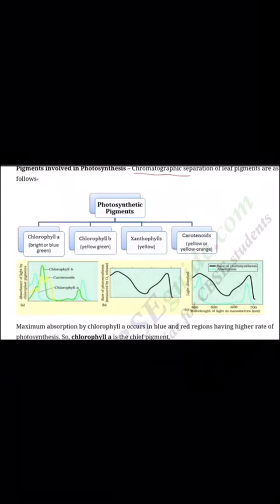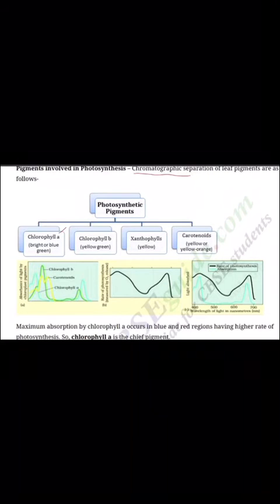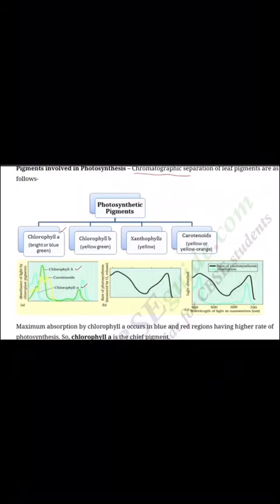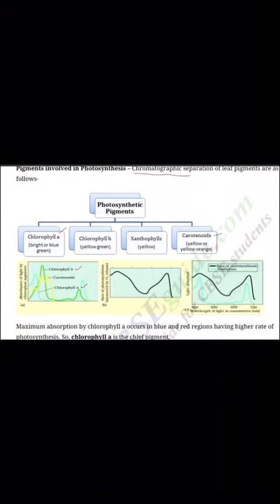So basically you see chlorophyll A that is bright or blue green, and then chlorophyll B yellow green. Xanthophyll is yellow, and carotenoids come in varieties of colors, ranging from yellow orange, yellow red, to bluish.